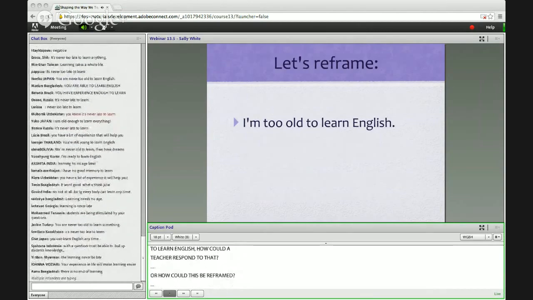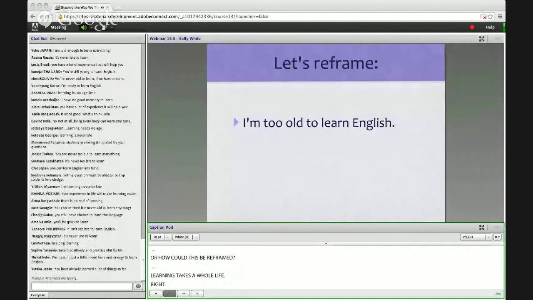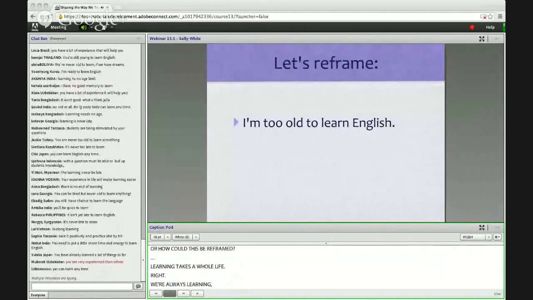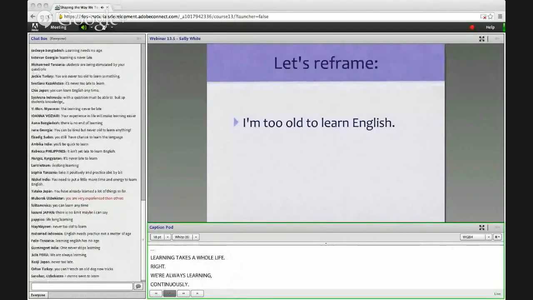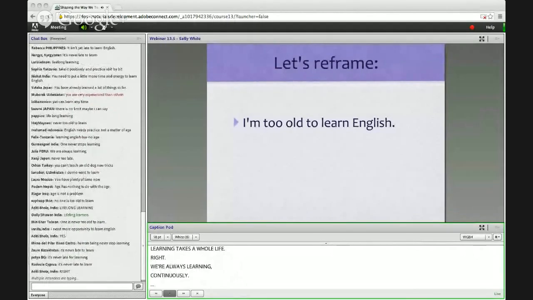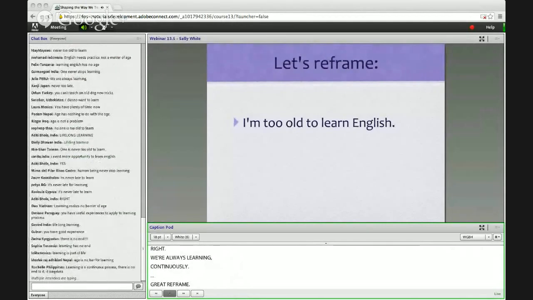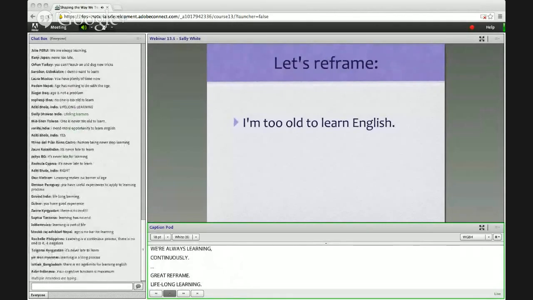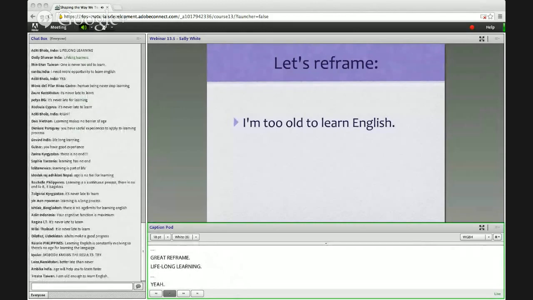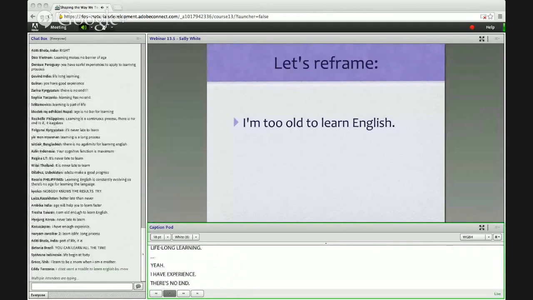Right. We're always learning continuously. Great reframe. Lifelong learning. Yeah, I have experience. There's no end, right? We all know. We're not too old to learn something new.